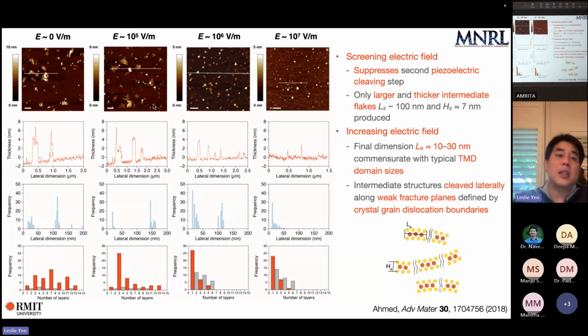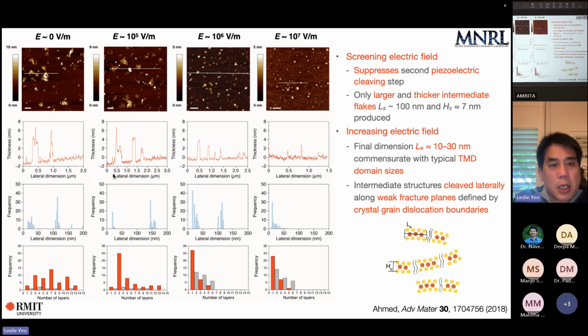Further evidence for this is when we go back to the TMDs and we screen out the electric field. We can do this by putting a gold layer onto the piezoelectric chip to short out the electric field. If you look at this case, where there's no electric field, you see 100 nanometer lateral dimension flakes, many layers, with a bimodal distribution.